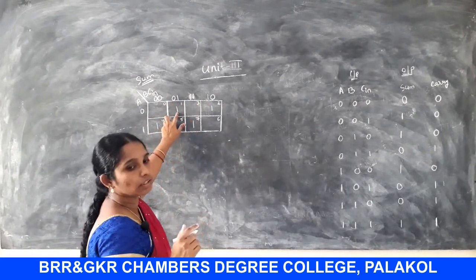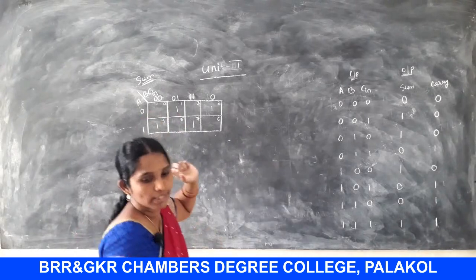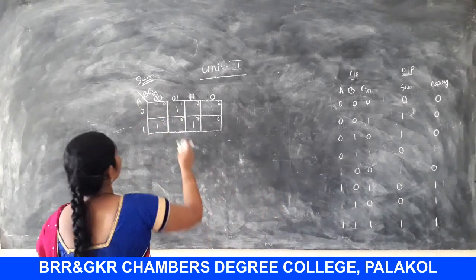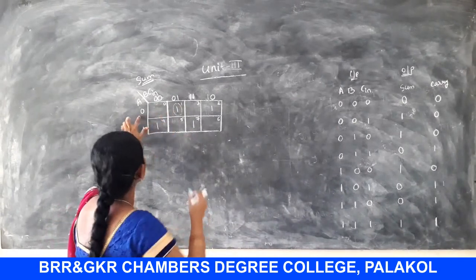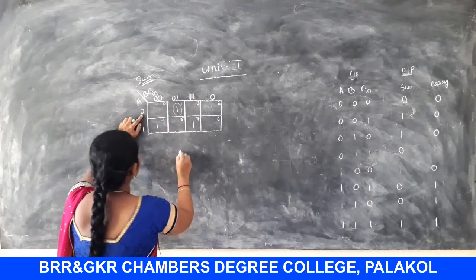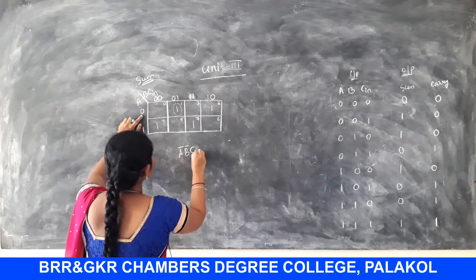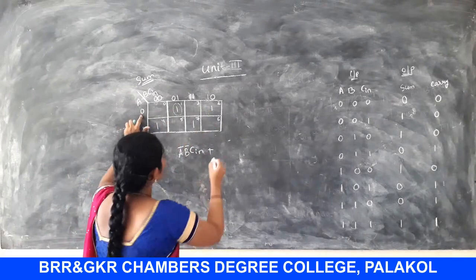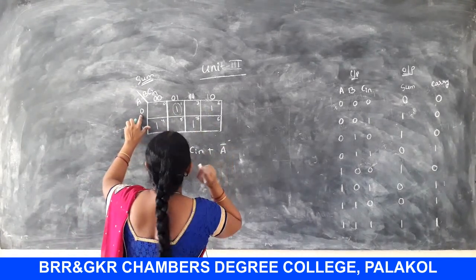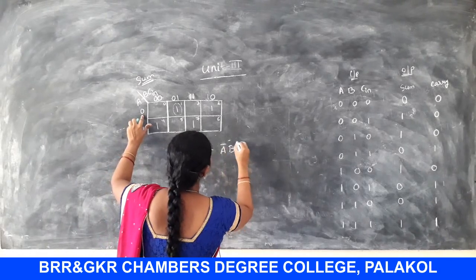For writing this equation, the first loop is A bar, B bar, C in, plus A bar, B, C in bar.